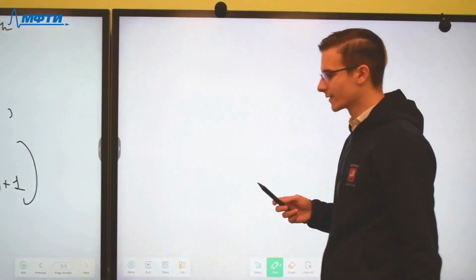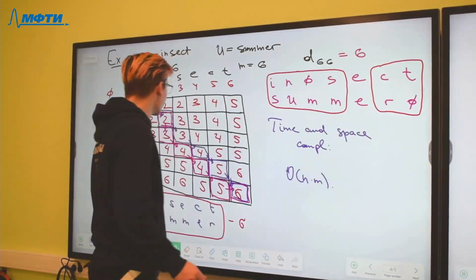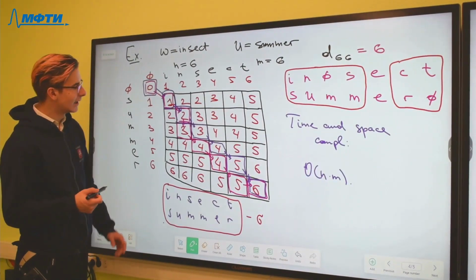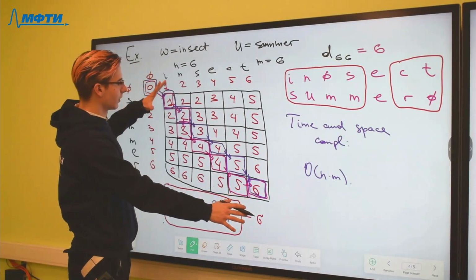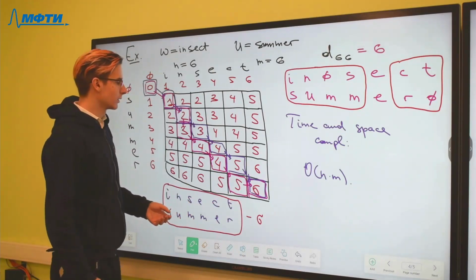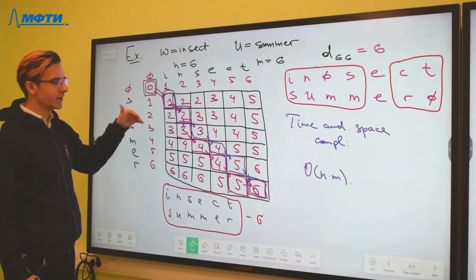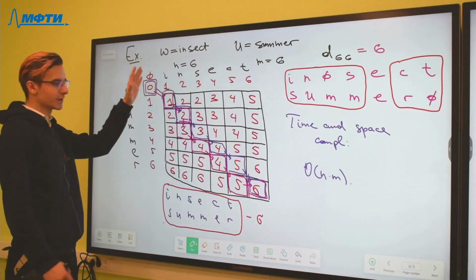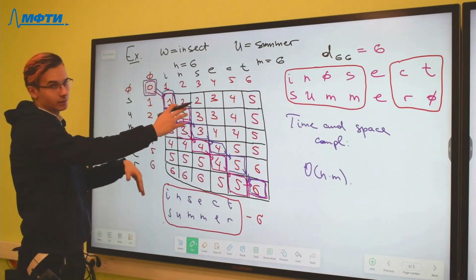So how to understand how to compute it? It is interesting that in the previous task and in the first task, we go from this corner to this corner. But in some two-dimensional dynamics, you can use your algorithm as waves from different points of this matrix, not from this corner or this corner. You can use it, for example, from the diagonal.